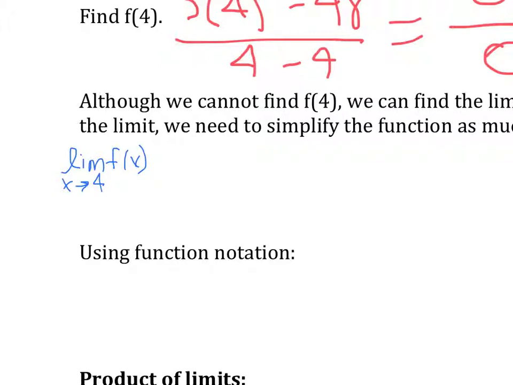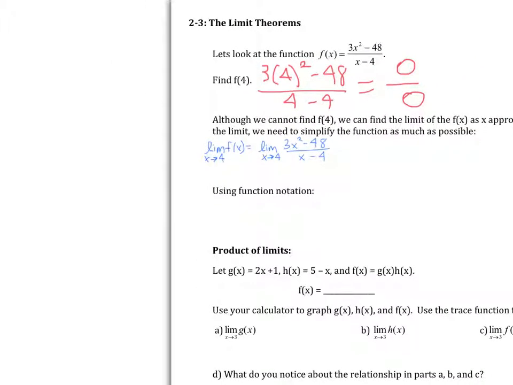So if I substitute in what f of x is, that would mean we are looking for the limit as x approaches 4 of (3x squared minus 48) all over (x minus 4). Now, I still can't really do anything with that, right? It's an indeterminate form. We already talked about that. We're going to end up with 0 over 0 like we did right here.